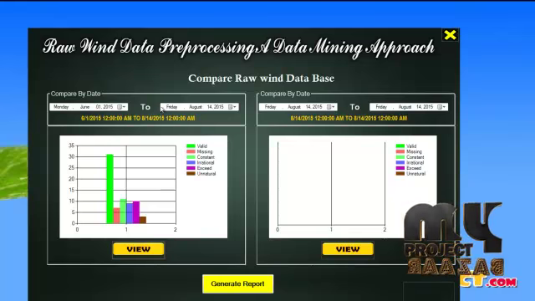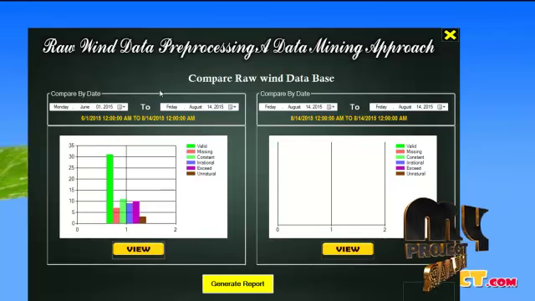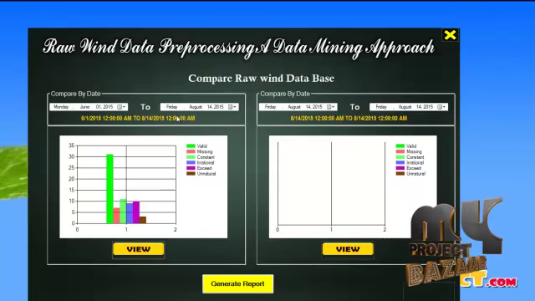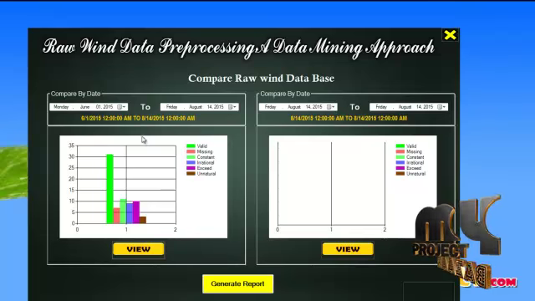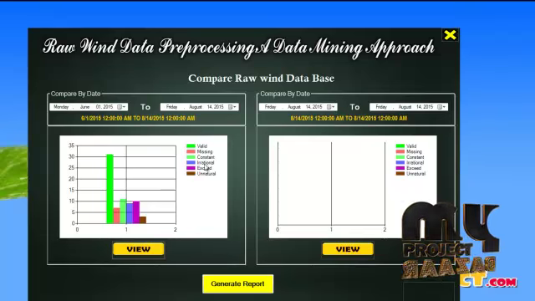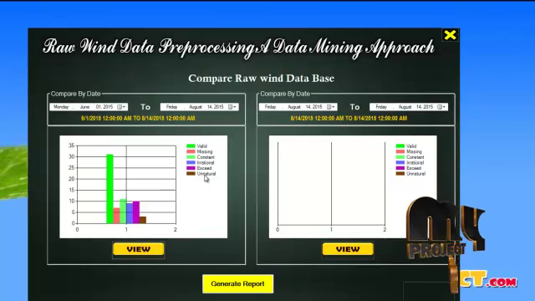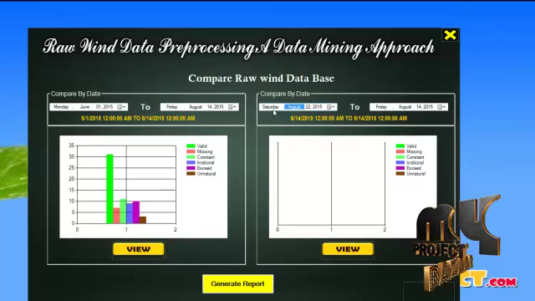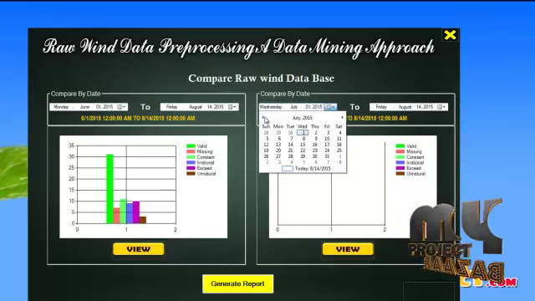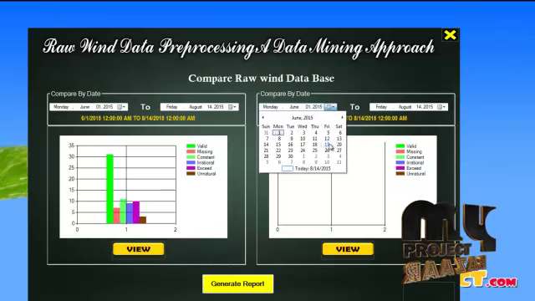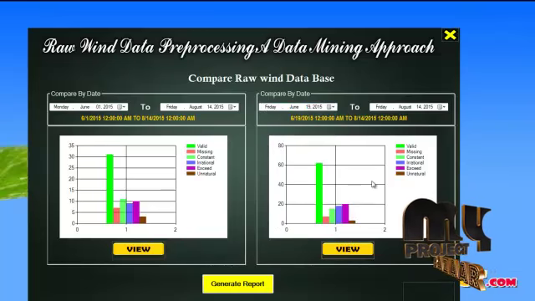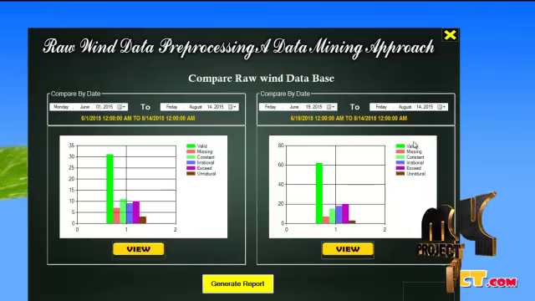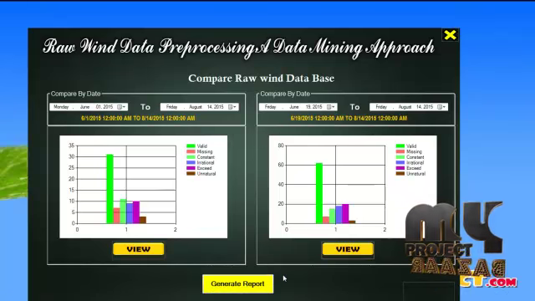In the comparison of the raw wind database, we can compare the date ranges. From 6/1/2015 to 8/20/2015, the raw data values have certain kinds of valid, missing, constant, addition, exceeding and unnatural data values. We can use another date range as well, so from one date to another date is compared by the data values.